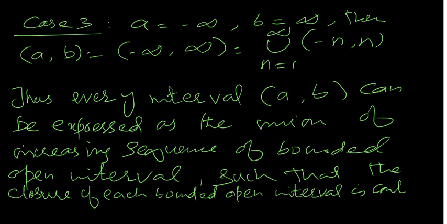So this is the interval a b, and these are the points u is less than v, and you want to find those q's which are less or equal to v and those q's which are less or equal to u. Obviously any q which is less or equal to u is also less or equal to v, but any q which is less or equal to v may not be less or equal to u.